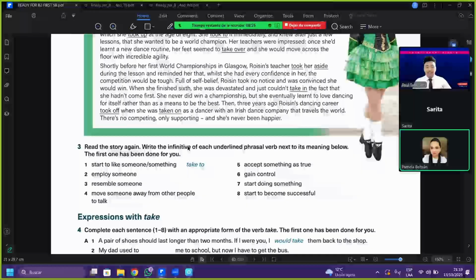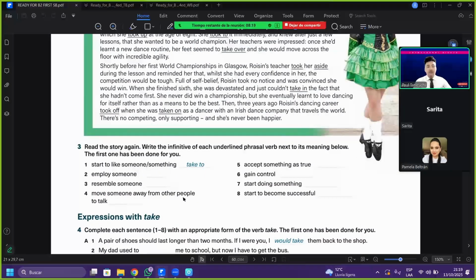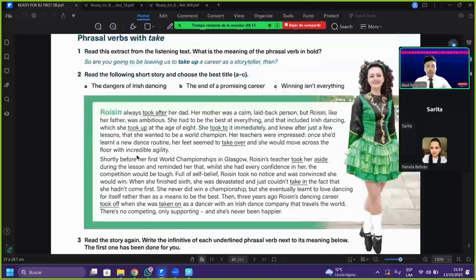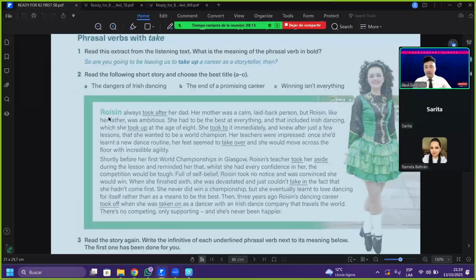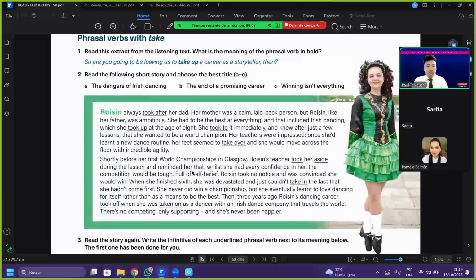So, before we go over every single meaning of the phrasal verbs that we're going to learn, I would like you to read this short reading in this green box. You have some phrasal verbs that are underlined in every paragraph.